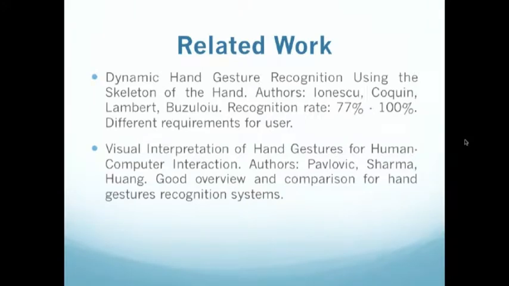Okay, so now we're going to talk about some of the related work previously done, which is the papers that cover some of the relevant and related issues regarding hand gesture recognition. The first one is called Dynamic Hand Gesture Recognition using the skeleton of the hand. The authors are over there, and the recognition rate was between 77% and 100%. Although there are some differences with our system.